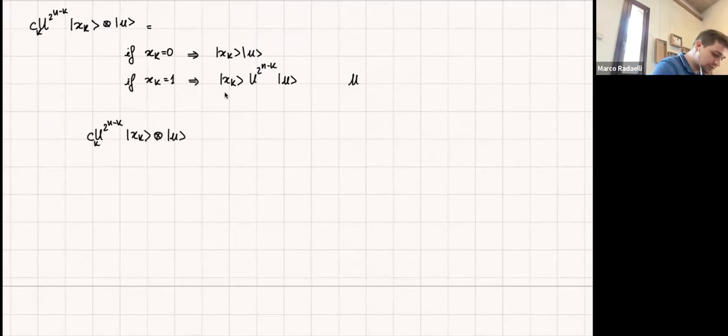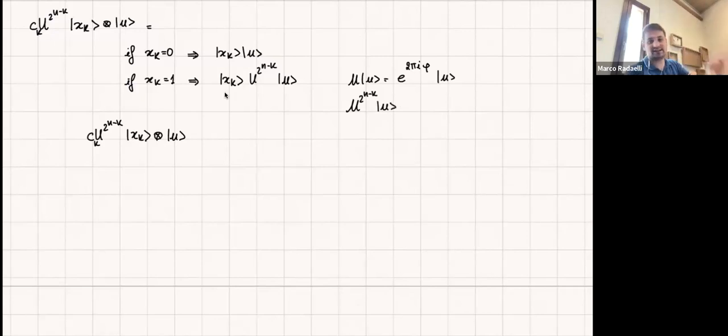We know that U applied to |u⟩ gives e^(2πiφ)|u⟩. So if you apply U to the power of 2^(n-k) to |u⟩, this phase comes out 2^(n-k) times. And so we get the exponential of 2πiφ 2^(n-k) times |u⟩.